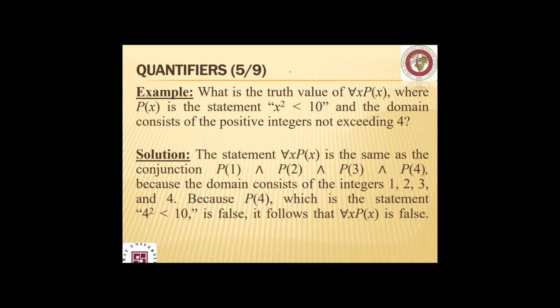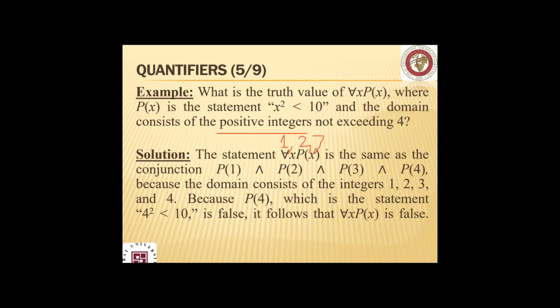Take an example. What's the truth value of for all values of x, P(x) is true, where P(x) is the statement x squared less than 10, and the domain consists of positive integers? Now remember, positive integers start from 1 and go onward, not exceeding 4. That means 4 is included.